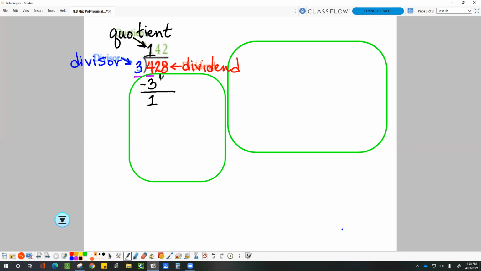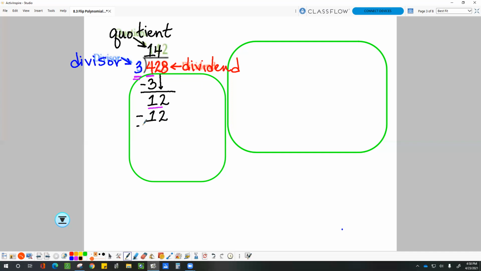I bring down the 2, and I divide. 12 divided by 3. 12 divided by 3 is 4. And I multiply. 4 times 3 is 12.